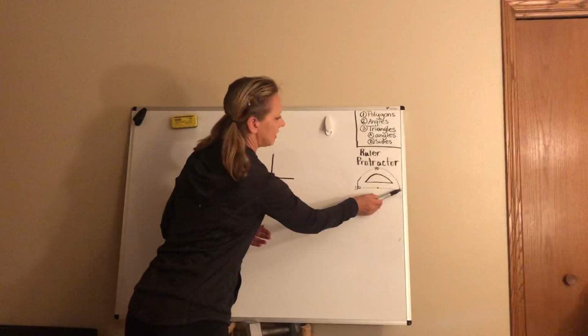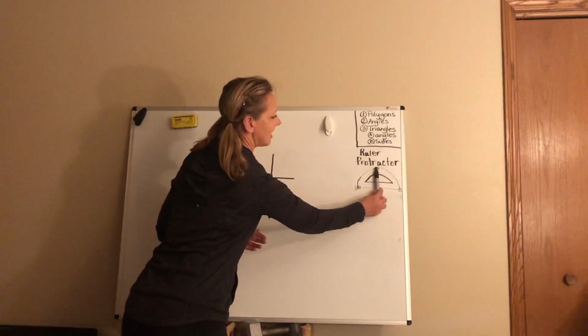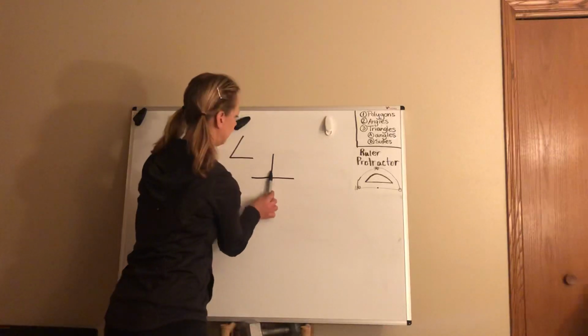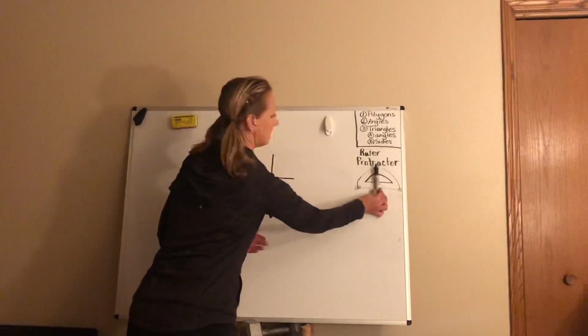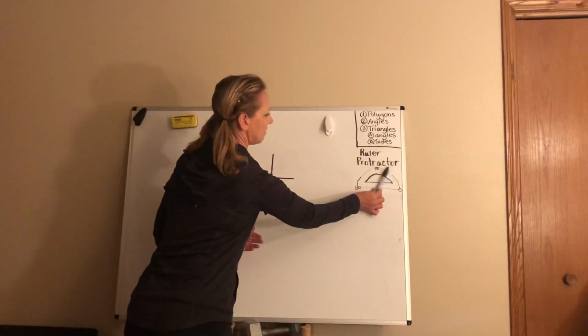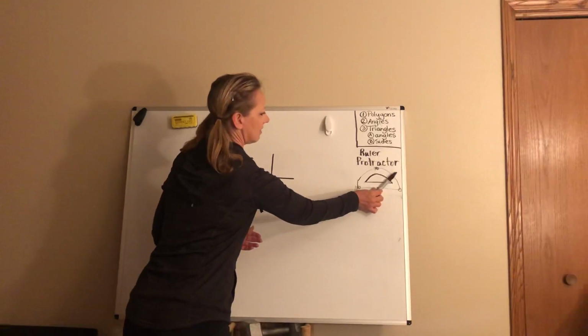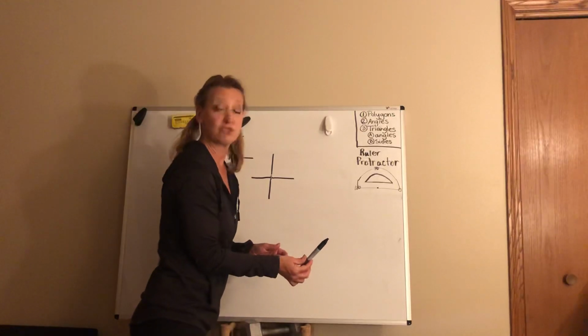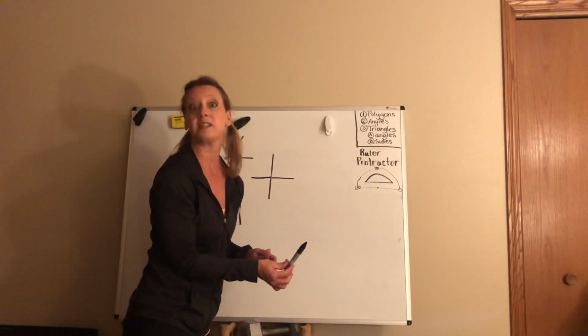So you've got a 0 here, and then you can see 90 degrees. Remember that straight up and down line right here would be 90 degrees. Anything inside of the 0 to 90, think of numbers, would measure anywhere between 0 and 90.